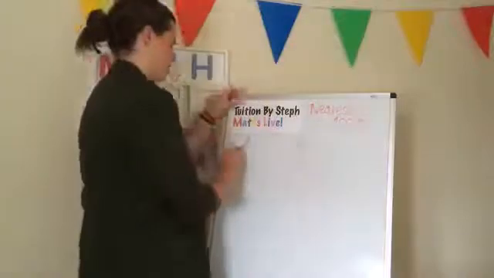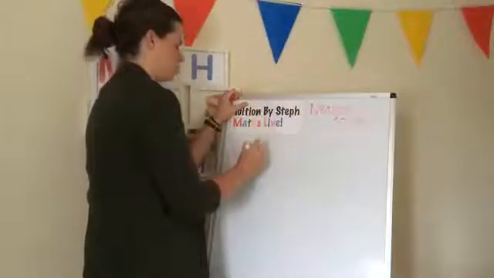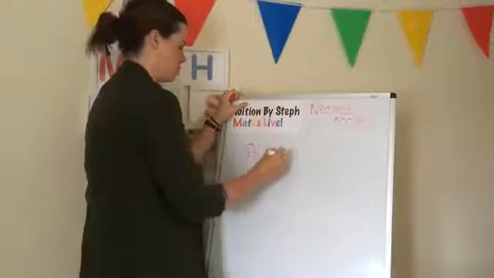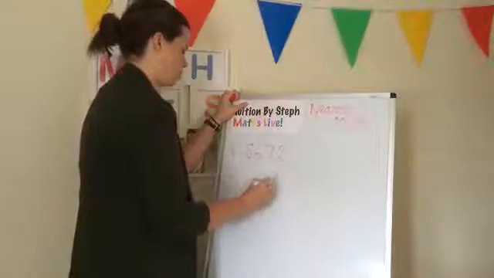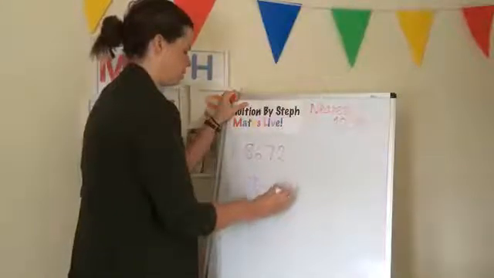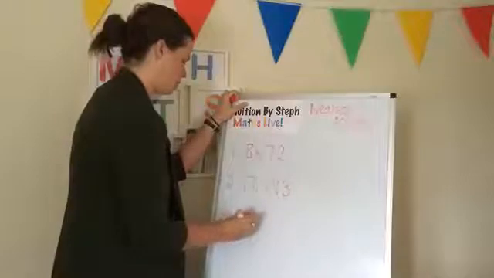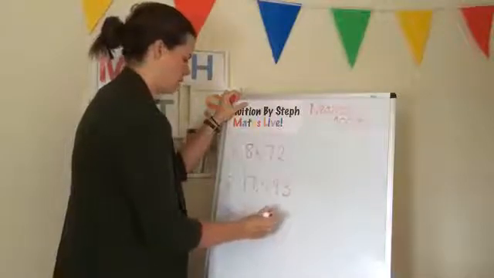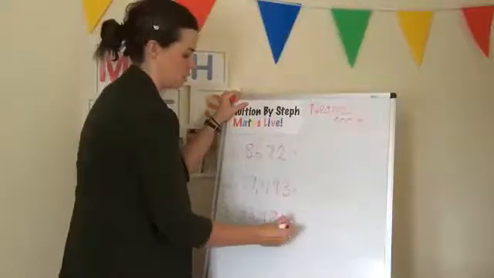Let's have a look. To the nearest 1,000. So number 1, I'm going to do 8,672. Question 2, we do 17,432,493. Question 3, we do 33,981. There are your 3 questions. I'd like them rounded to the nearest 1,000, please.